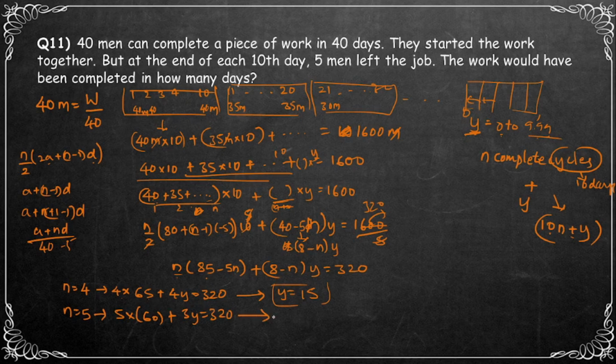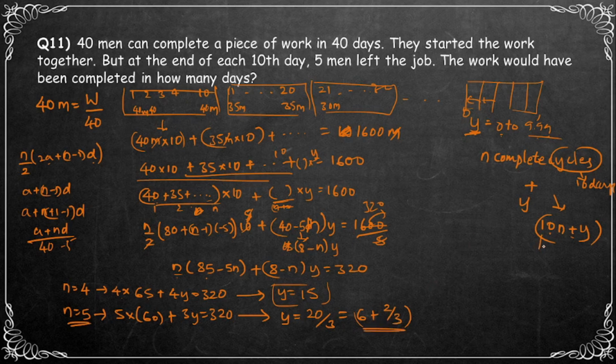So from this we can write 5 into 60 is 300. 320 minus 300 will be 20. So y is equal to 20 divided by 3, which is nothing but 3 6 is 18 plus 2 divided by 3. So this is an acceptable solution. N is equal to 5 and y is equal to 6 plus 2 by 3 is an acceptable solution.